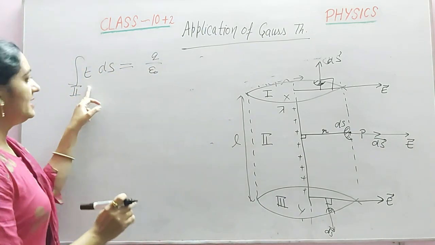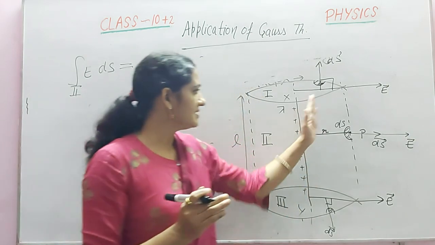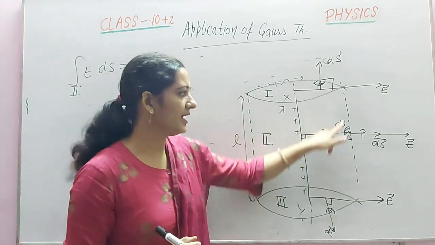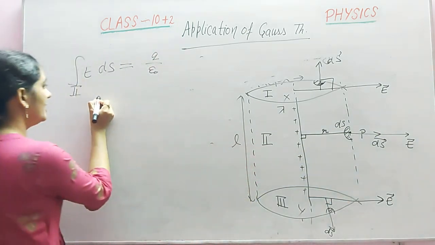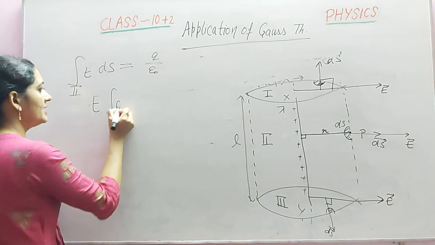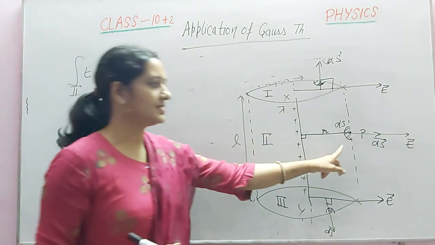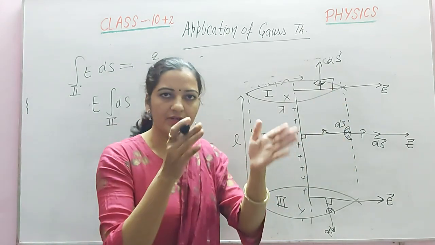Now E, I have told you earlier that E is symmetrical on the Gaussian surface. E will not change at any point on this surface. So E is symmetric. We can take it outside the integral and we have to integrate only ds. ds is the small area of the curved surface.